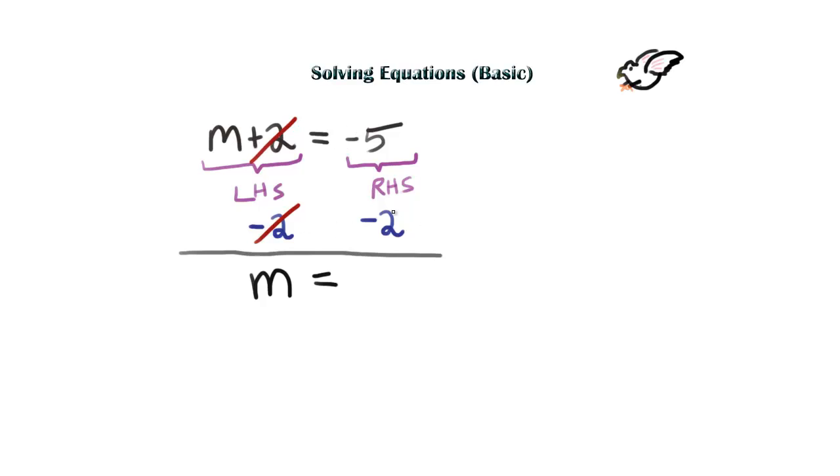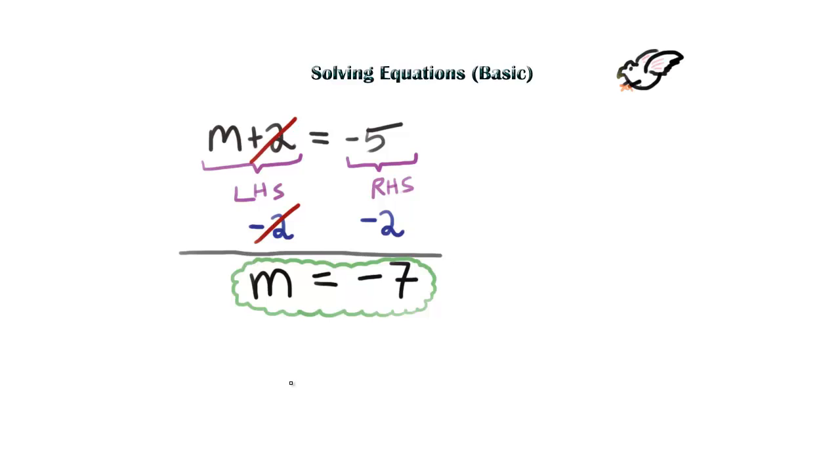But on the right hand side we have -5 -2, so that'll give us -7. So we essentially solved for m. So m is equal to -7.